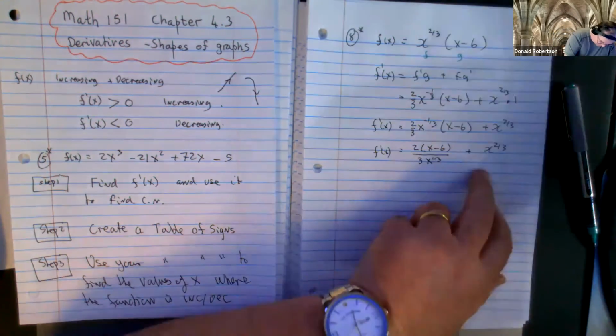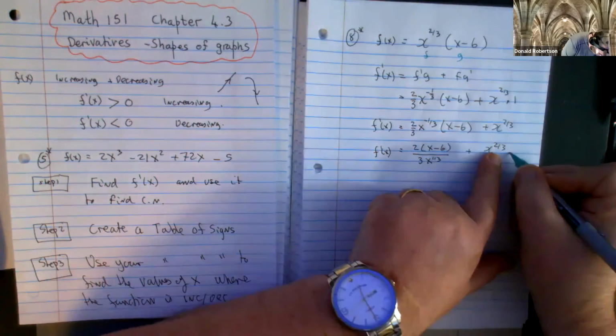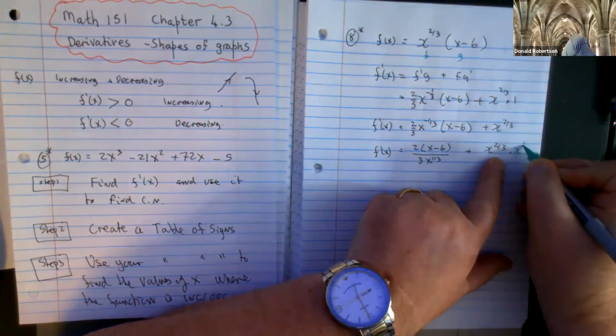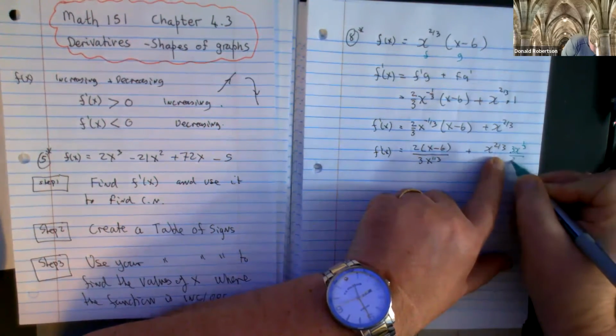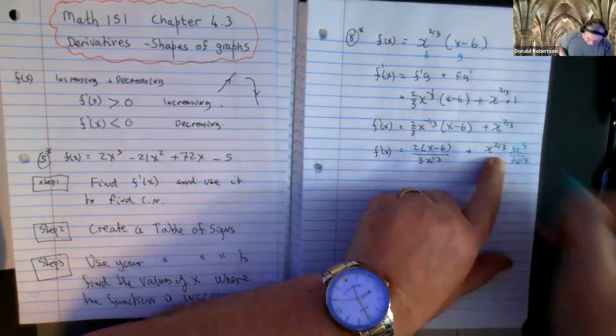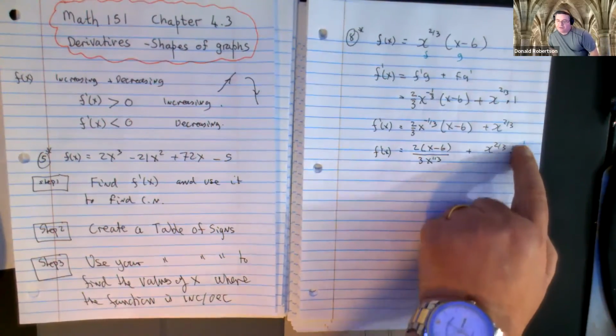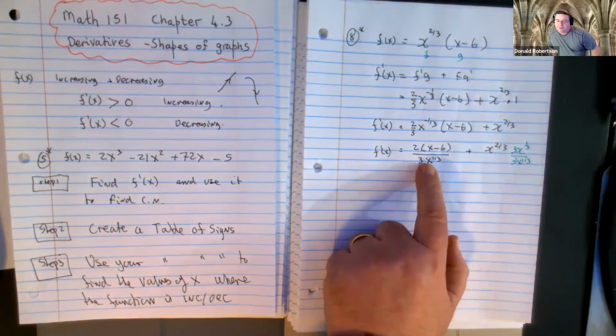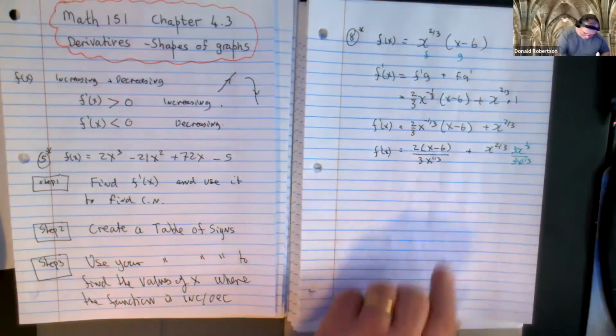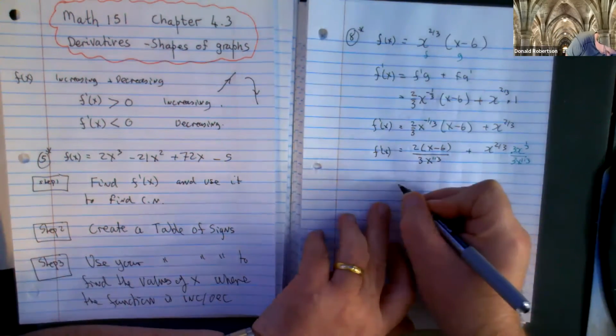And so what I'm going to do is multiply this by 3x to the third, top and bottom. That's a special version of 1. Why 3x to the third? Because this is 3x to the third. Let's see what we get now.